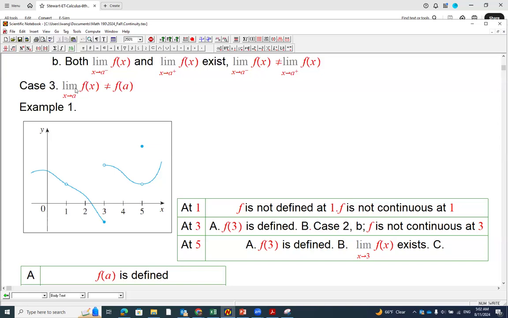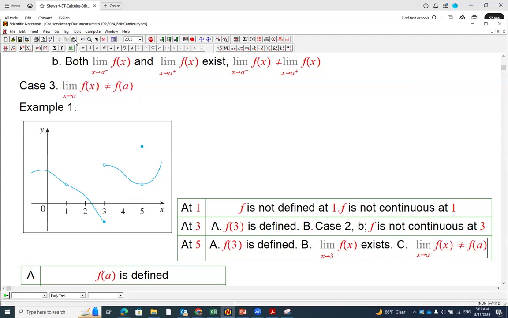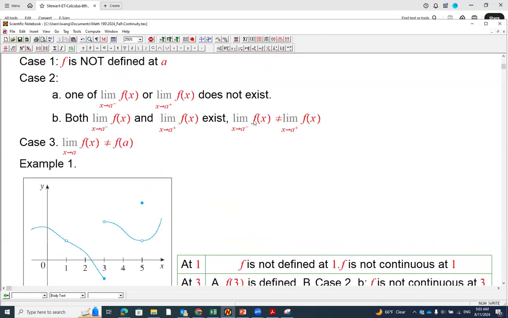So what we have here is case number 3. So this picture covers all 3 cases, but we actually have more cases.